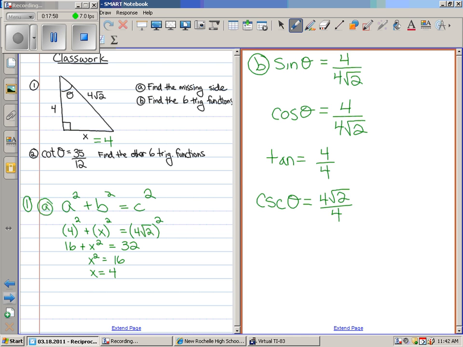How about the secant? And how about the cotangent? Sure. I'm not worried so much about reducing for right now. I just want you to get the hang of it. Did everybody manage to get the hang of it? Good.